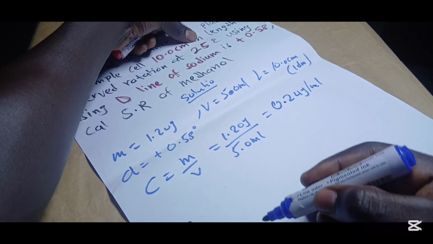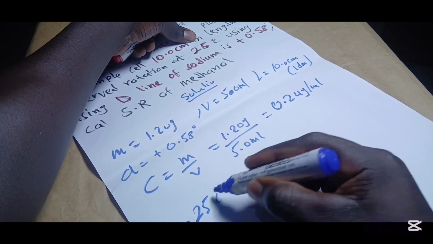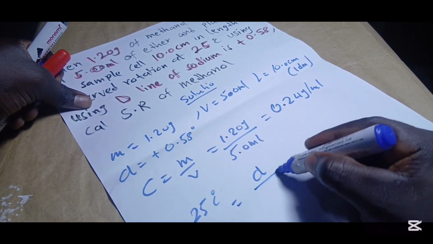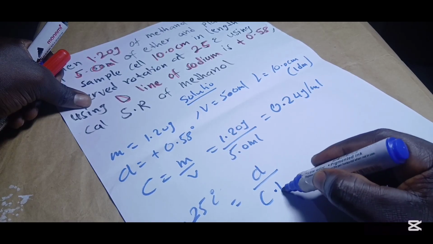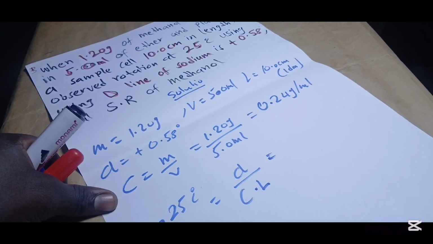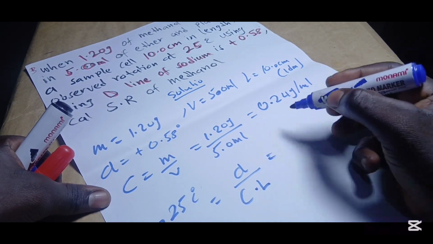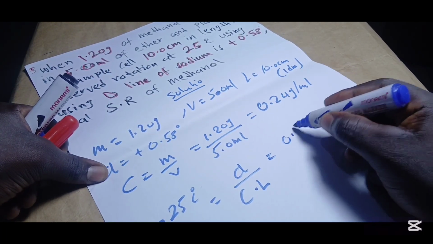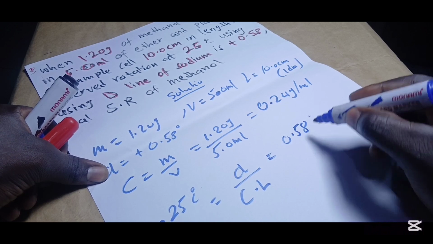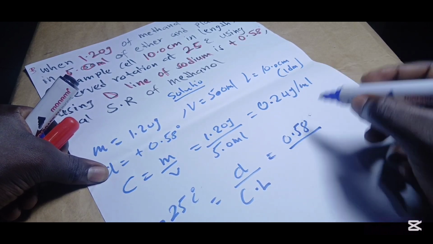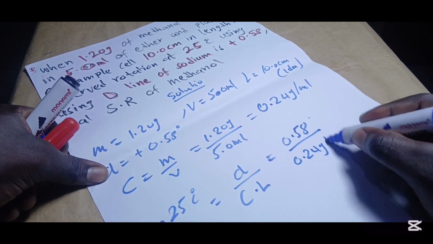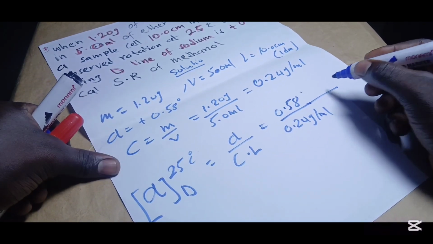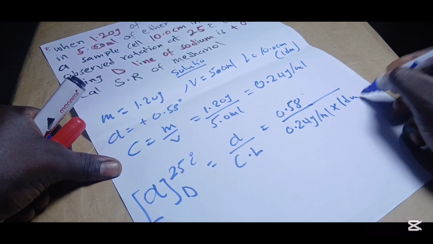And our specific rotation at 25 degrees Celsius, using the D line sodium, equals the observed rotation over concentration multiplied by path length. We know the observed rotation to be plus 0.58 degrees, the concentration to be 0.24 grams per ml, and the path length to be 1 decimeter, so multiply by 1 dm.